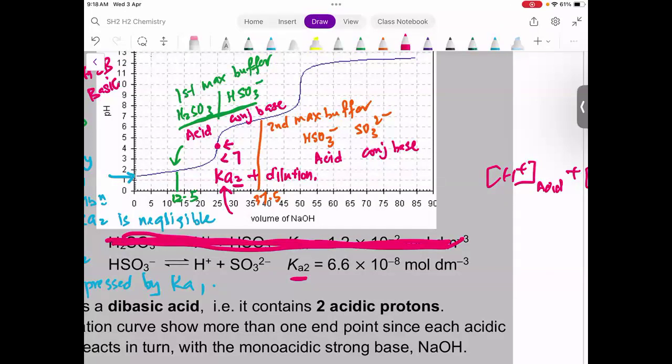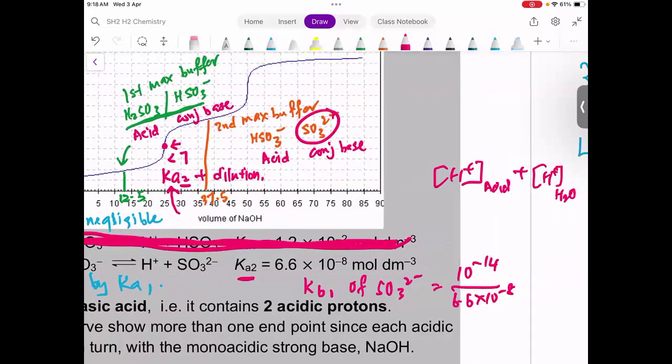In this case, your Kb1 will be this. So how do you calculate the Kb1 value of sulfide?